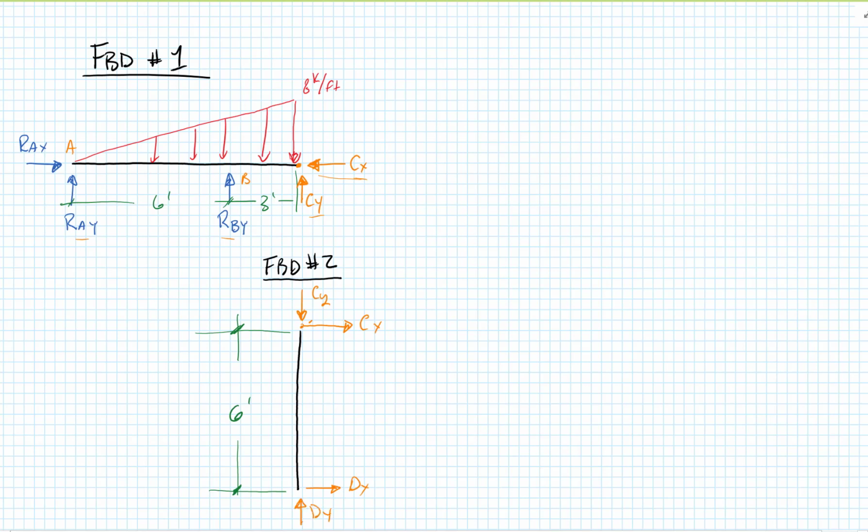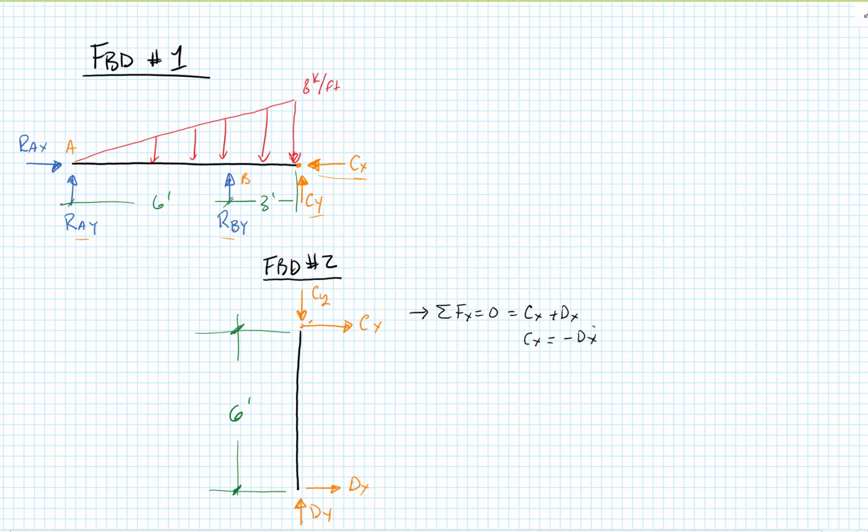So again, I have 3 equations of equilibrium and 4 unknowns here, so I can't solve this one directly. However, I can start setting it up and seeing what kind of relationships I get. Let's sum our forces in the x direction, to the right being positive, and I get Cx plus Dx. I don't know what they are, but I do know that Cx has to equal minus Dx.